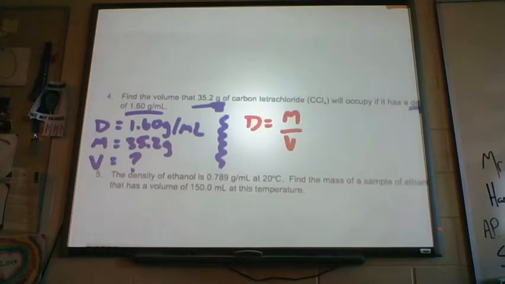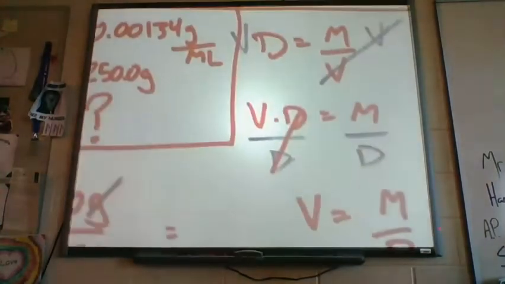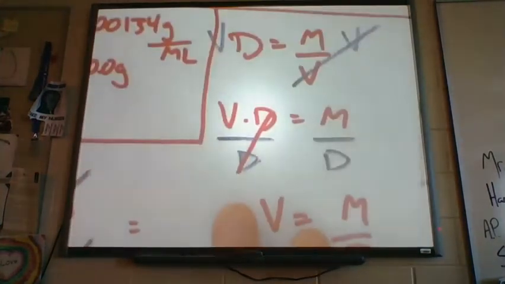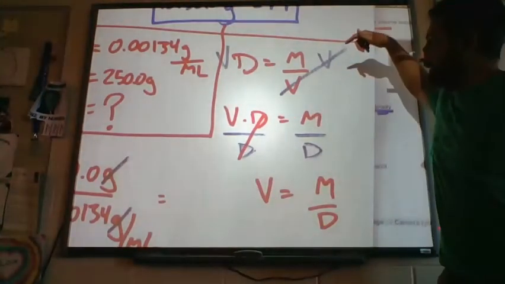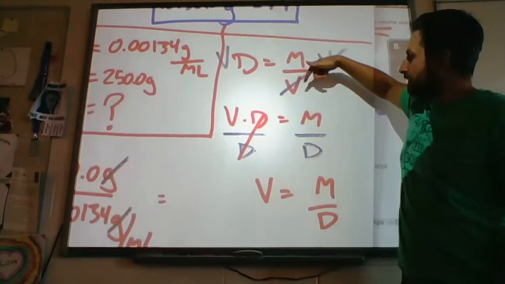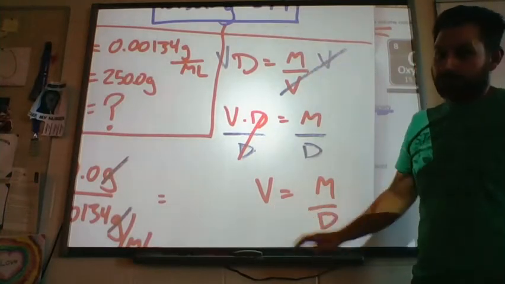From yesterday, we already worked on manipulating our equation. So this one should look very similar to what we did in number 3. We rearranged our equation in number 3 to solve for volume.